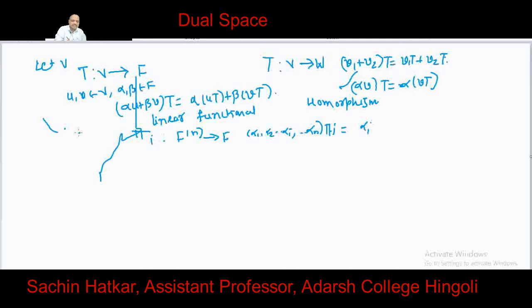Now we can see how to multiply this. Suppose we have two elements, one element is this one and the second element is (beta 1, beta 2, ..., beta n).